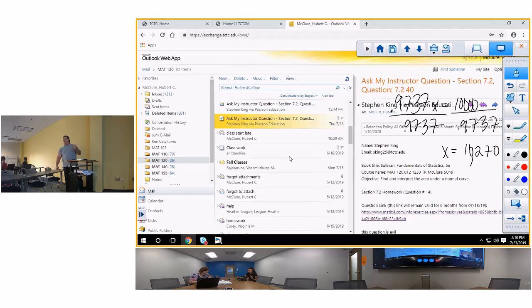The 7.1, you're going to get a couple of uniform. That's the rectangle, and you're going to get some that's under the normal curve, and the difference is that instead of the mean being 100, it's going to be 0, and the standard deviation is 1. So that's the difference. So do your 7.1 and 7.2 homework, and you should be good.